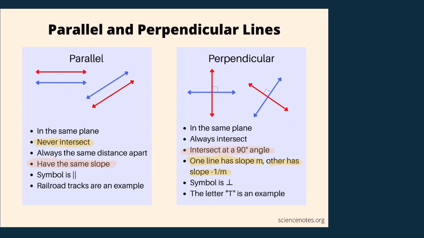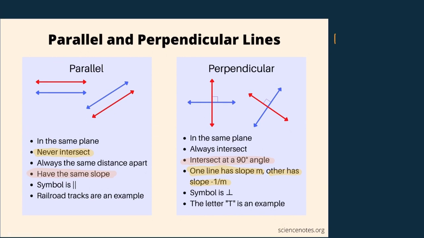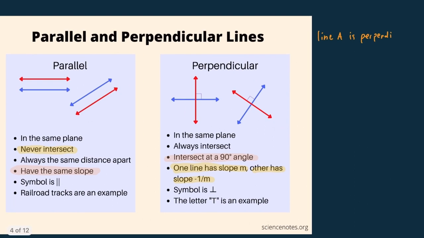A perpendicular line, for example, if I say line A is perpendicular to line B, and line A has slope 3, what is the slope of line B?